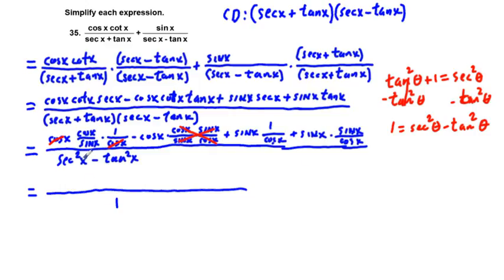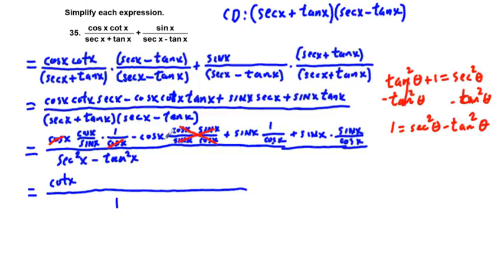So let's go ahead and write this out. Excuse me. The first one there, I said it was tangent x. That's going to be cotangent x. It's cosine x over sine x. That's going to be cotangent x.